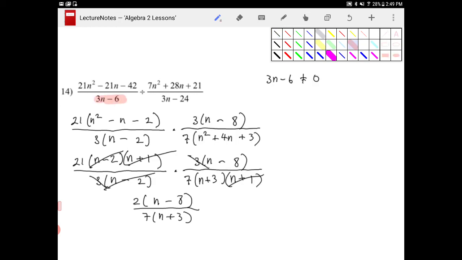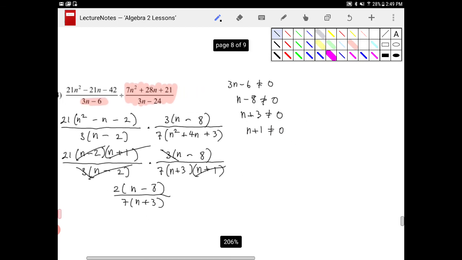That's the denominator of this. And then this whole thing cannot equal 0, because if it does, then I'm dividing by 0, and that wouldn't be cool. So that means n minus 8 cannot equal 0. That also means n plus 3 cannot equal 0. That means n plus 1 cannot equal 0.